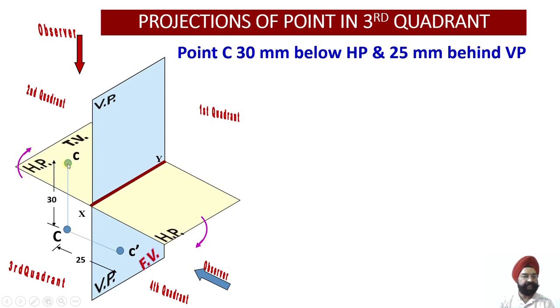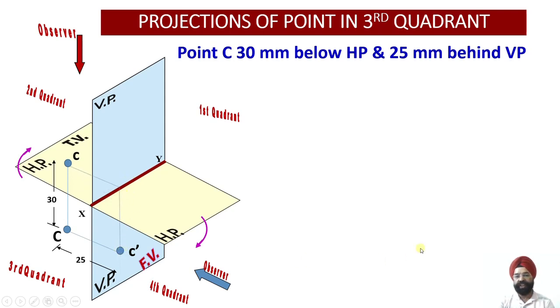Once I rotate this, just see, I'll keep the needle of my compass over here, open the compass 25 millimeter, and then rotate it onto the vertical plane over this position. So my top view will lie now 25 mm above the xy line, whereas my front view will lie 30 mm below the xy line.